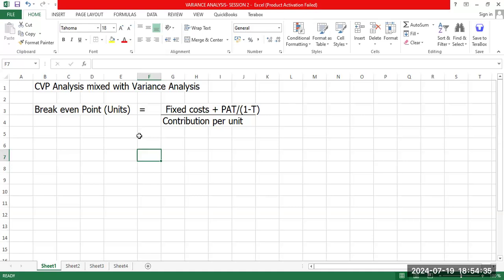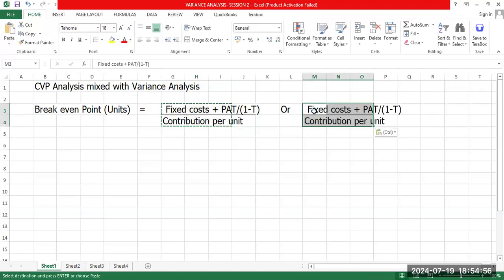If you're dealing with different products and they have given you, let's say, a sales mix, then the formula must change. If you have a sales mix in the question, the formula must change, and it will be fixed costs plus profit after tax divided by 1 minus tax rate.